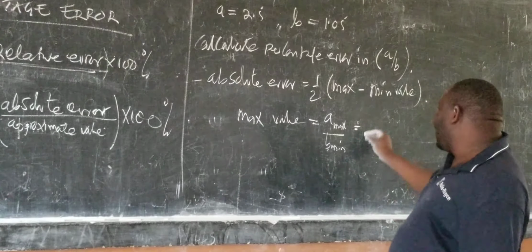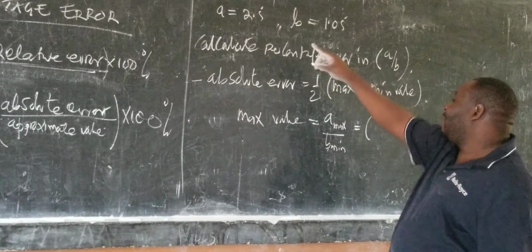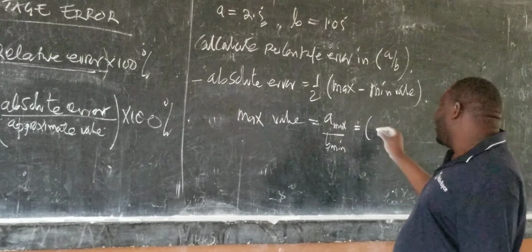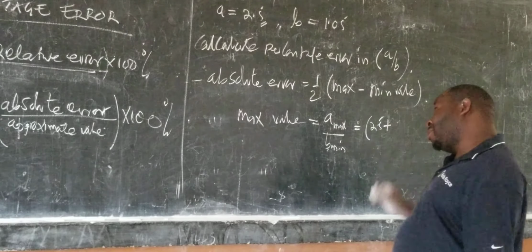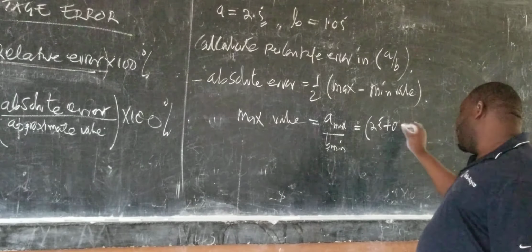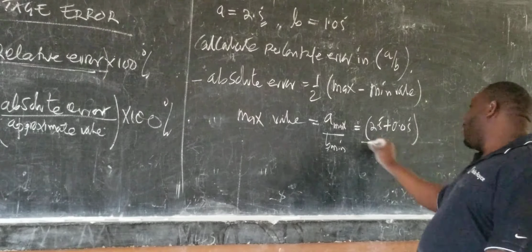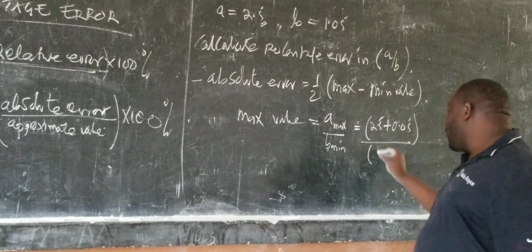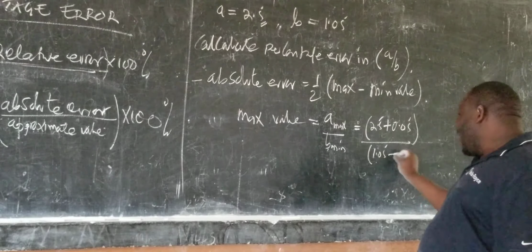We get A plus its error. A has one decimal place, so its maximum possible error is 0.05. It will be 2.5 plus 0.05 over B. B we minimize: the value of B is 1.05 minus its error.